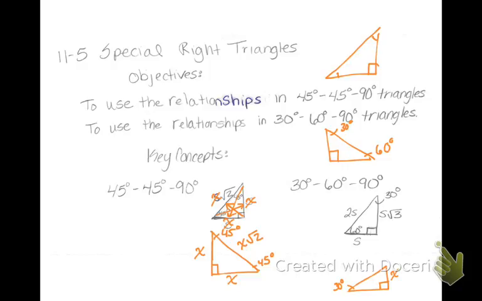The side opposite your 60 degrees will be x square root of 3. And opposite your 90 degrees, your hypotenuse, will always be 2x. So we're going to use these formulas to do the problems. So let's look at it.